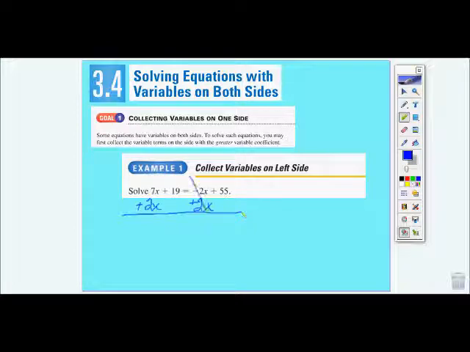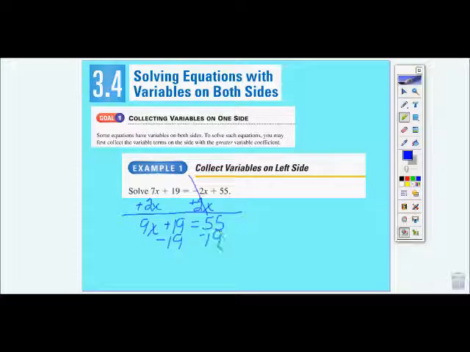So the negative 2 and the positive 2 cancel each other out. I now have 9x. I still have my constant term of 19, and that equals the 55 on the other side. Now I can take care of my constant terms.